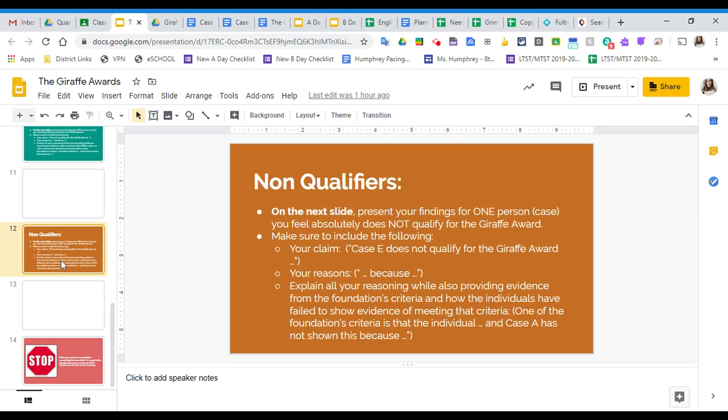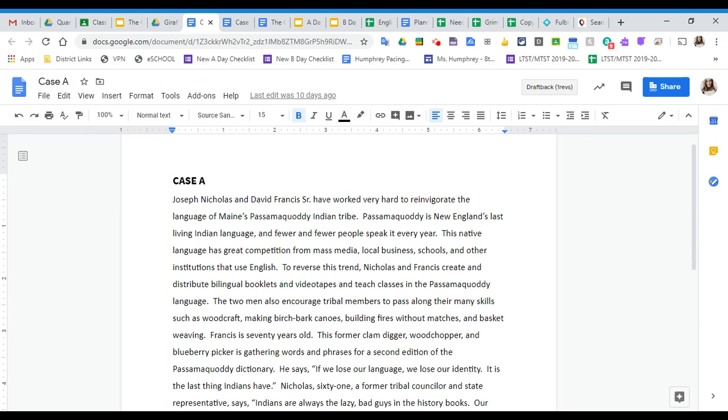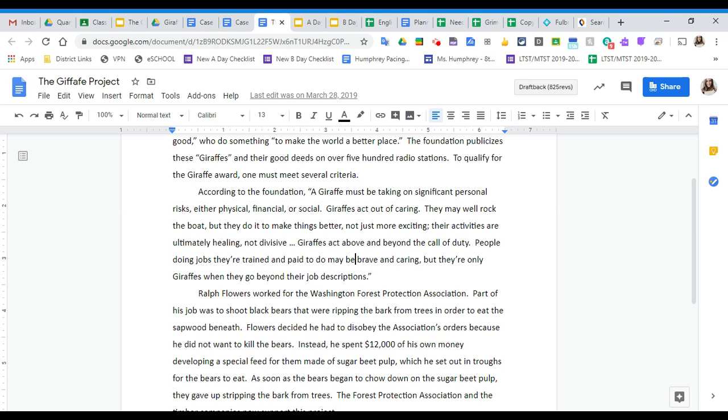And then when you get to the non-qualifiers, you're going to do the same thing, but you're looking for the people that did not qualify, that did not do what the foundation said. It might be something like, I can't remember which cases were which, but let's say case A, where there's somebody who's doing some good things, but none of the good things they're doing are actually the things that the foundation says you have to do.